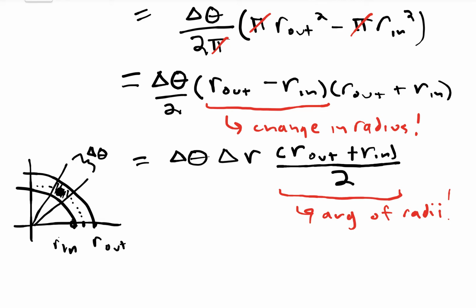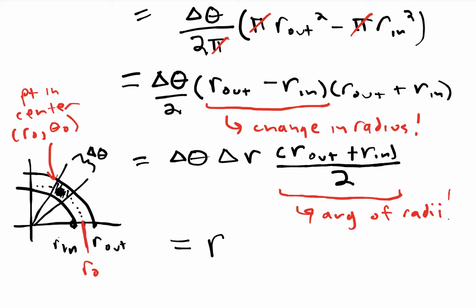Here, I will let this point in the center of my sector be, let's just call this r naught, theta naught, so that little average point right there is my r naught. Well, that'll let me simplify my notation here so that that average turned into this r naught.